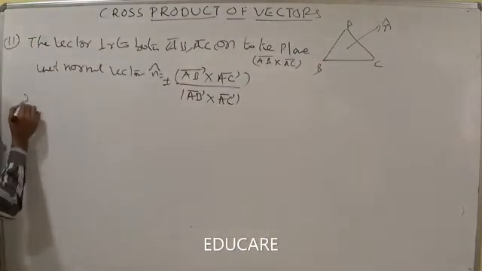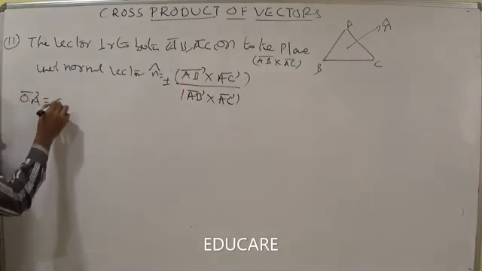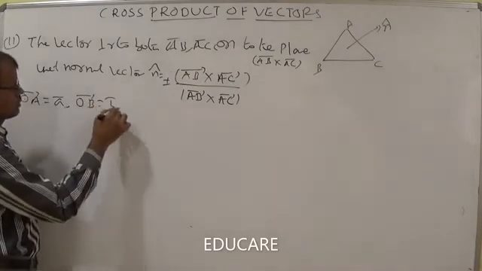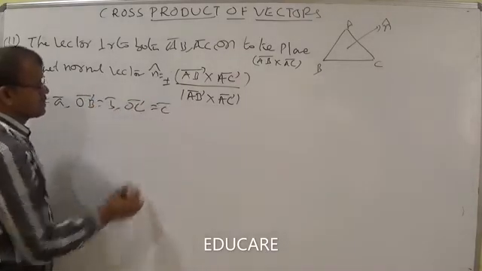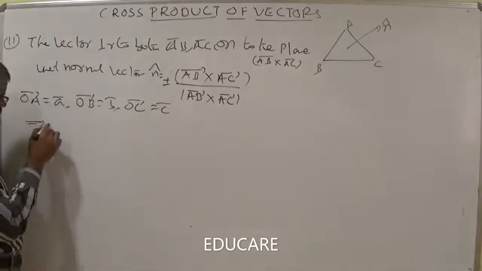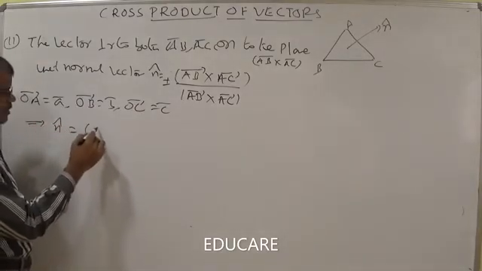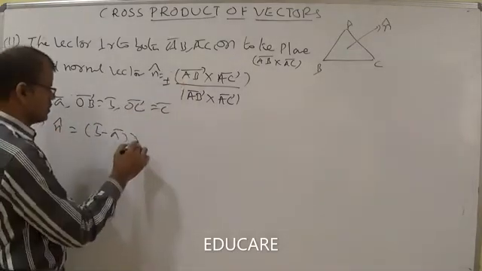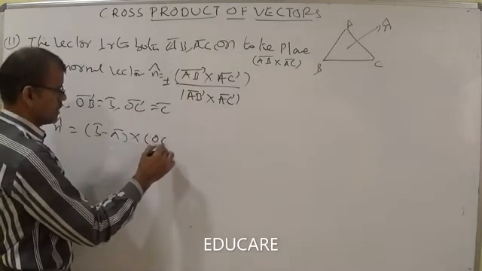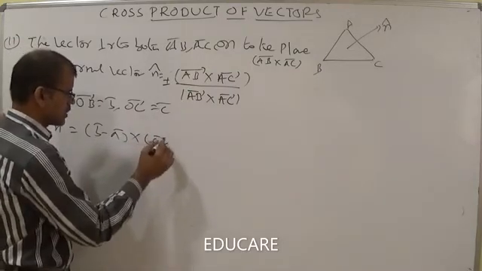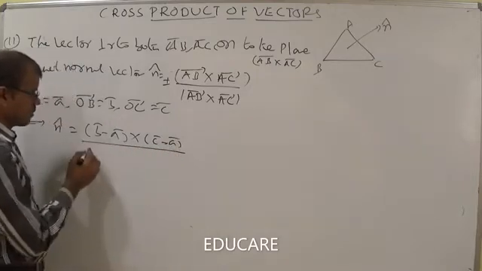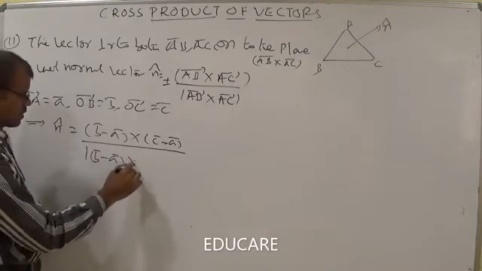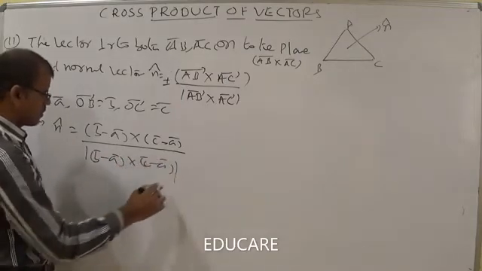Let us discuss the position vector concept. OA is equal to A bar, OB is equal to B bar, OC is equal to C bar. That implies n cap, you can write here, B bar minus A bar (OB minus OA) cross OC minus OA, which is C bar minus A bar, divided by the modulus of B bar minus A bar cross C bar minus A bar.